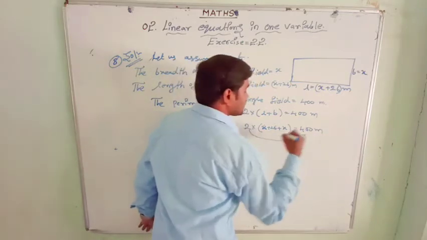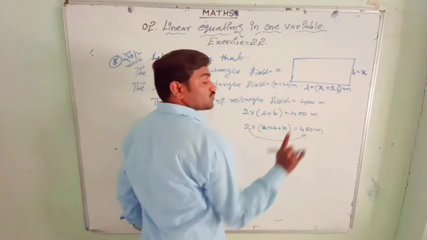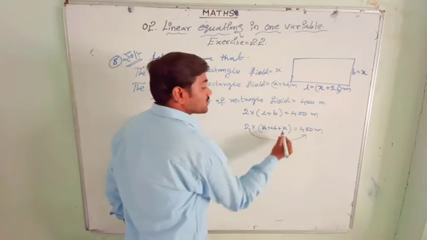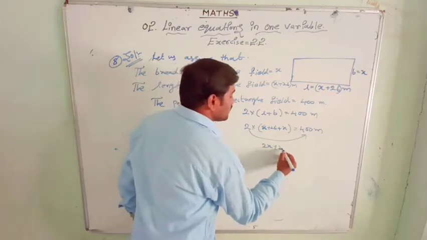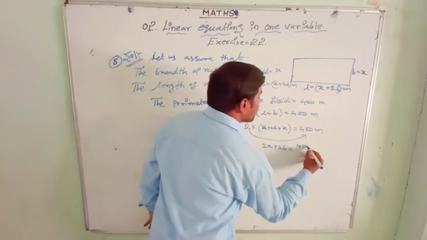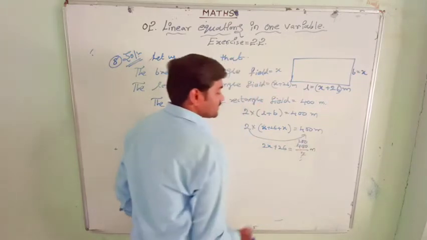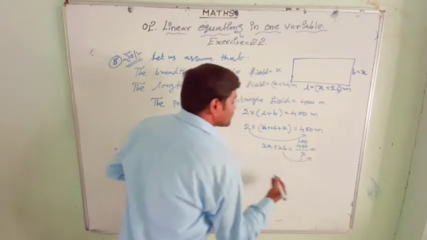The 2 is multiplying, so if you transfer it to the RHS, it becomes division. 1x plus 1x, 2x plus 26 equal to 400 by 2 meters, that is 200. Then this 26 will also transfer to this side.